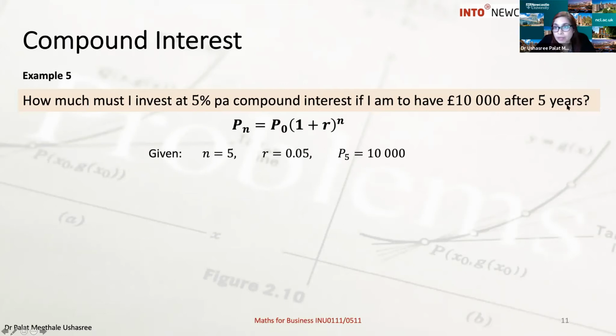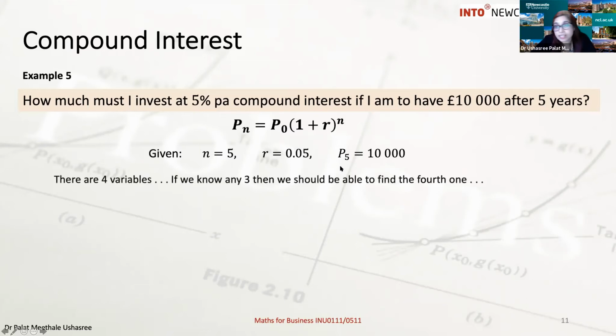N is given: the number of years is 5. The interest rate is given, 5% per annum. And the amount after 5 years is given, 10,000 pounds. So there are 4 variables, and 3 of them are given, so easily you can find the 4th one. Please give it a try.